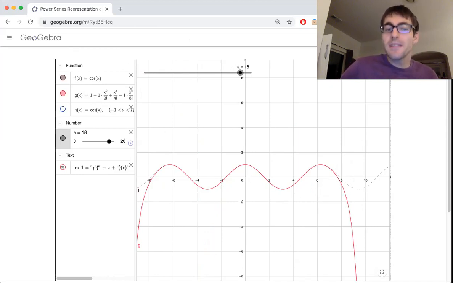So we could do this exact same thing, but instead of centered at 0, it could be centered at some other number. That's where the a comes in. All right.